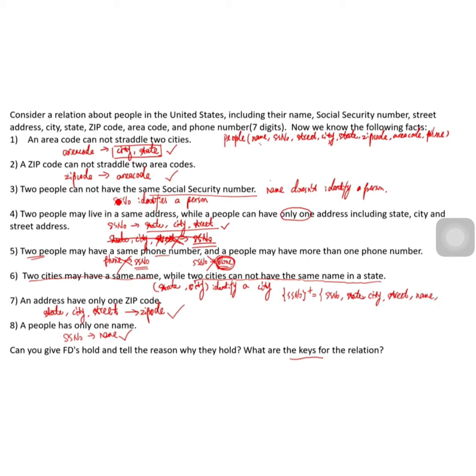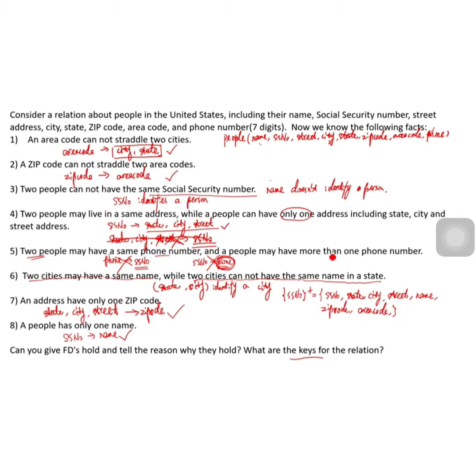And as state, city, street functionally determine zip code, now zip code is added. Zip code functionally determines area code, so area code is added. Area code functionally determines city, state, which are already here. Okay, now this is the closure of SS number.